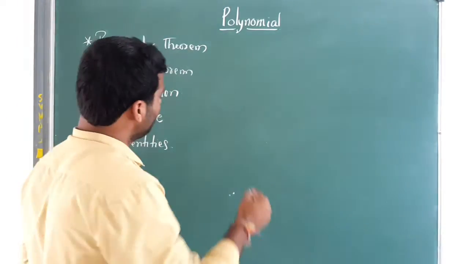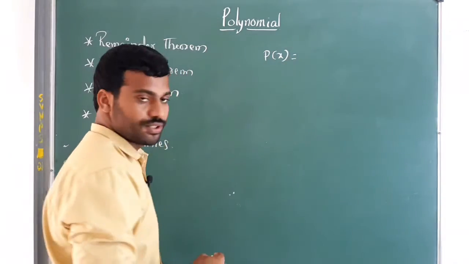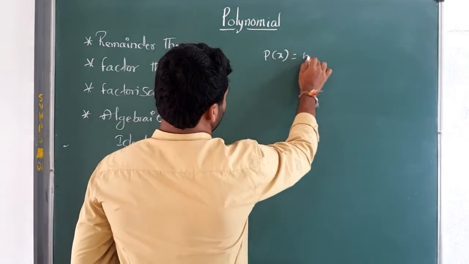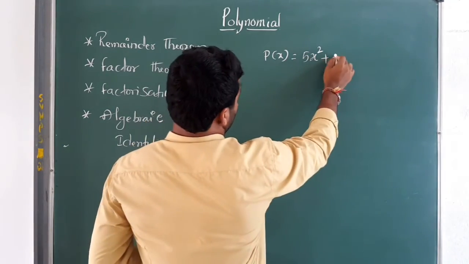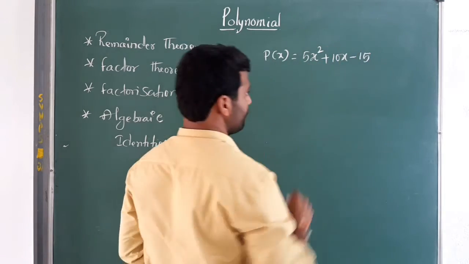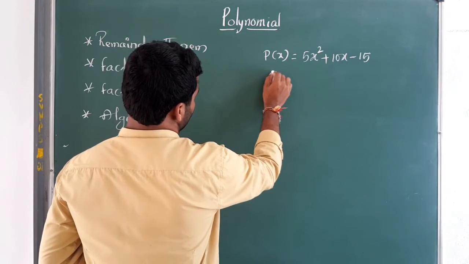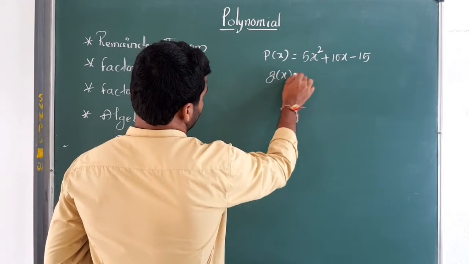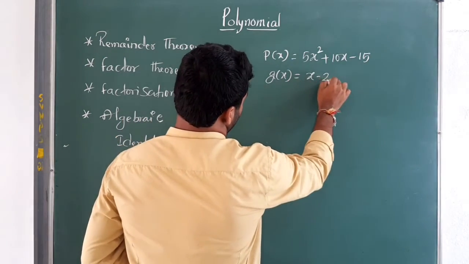I will take p of x equals 5x square plus 10x minus 15. Now I will take the divisor g of x equals x minus 2.